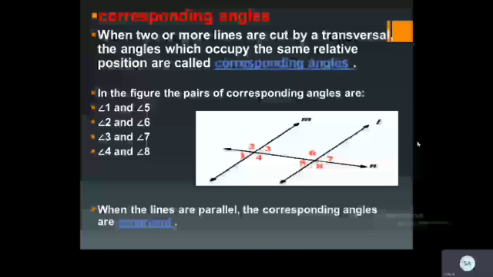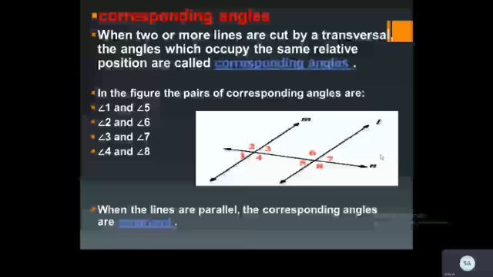Now corresponding angles. When two or more lines are cut by a transversal, the angles which occupy the same relative positions are called corresponding angles.